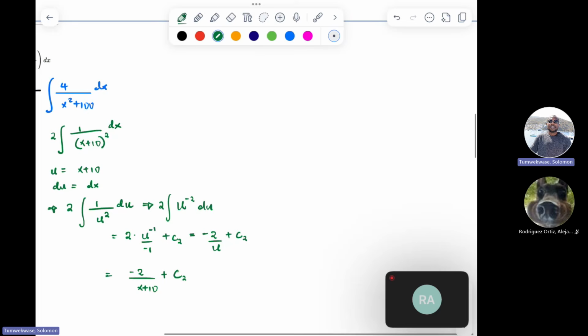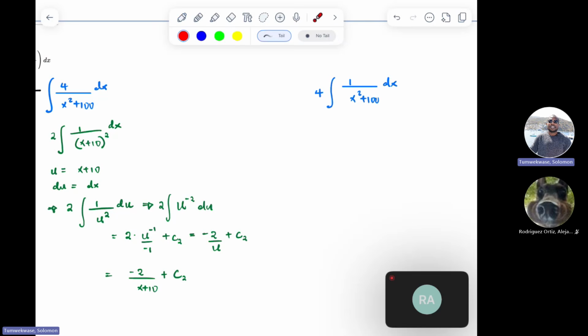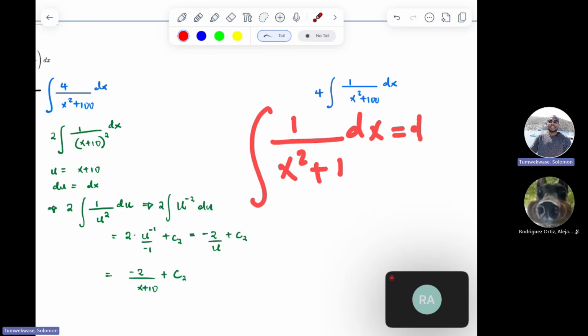My third integral in blue is 4 outside, then the integral of 1 over x squared plus 100, dx. Whenever I see that, I think of something like 1 over x squared plus 1, whose integral is the arctangent of x.